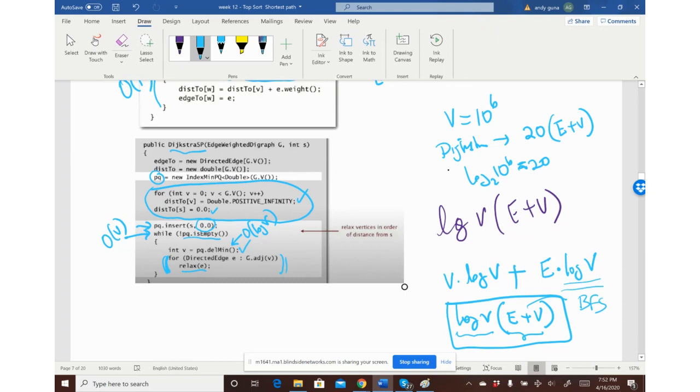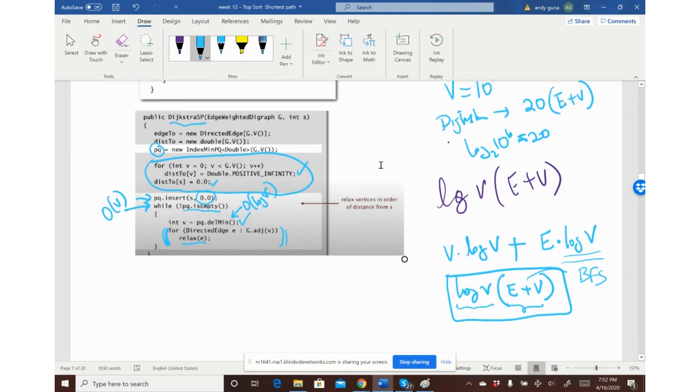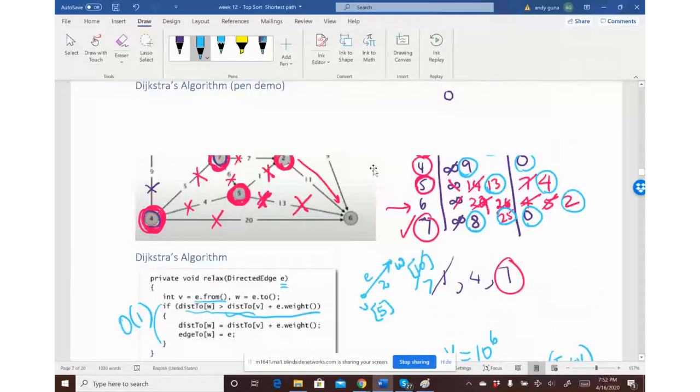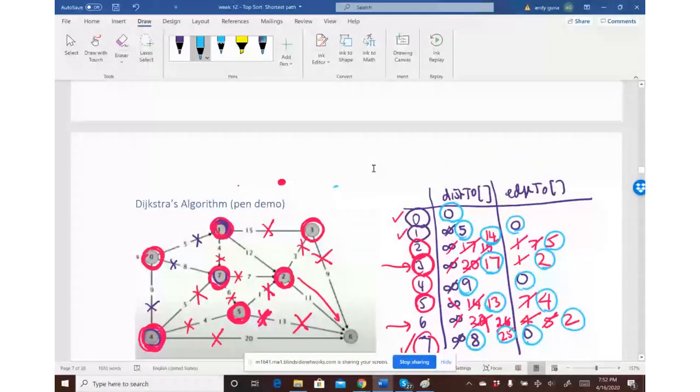Now, one thing that is necessary to notice about Dijkstra's is that if you really want to find the distance from one node to some other node, let's suppose that in this graph we are only interested in finding the distance from 0 to 2. We're not interested in finding the other ones.